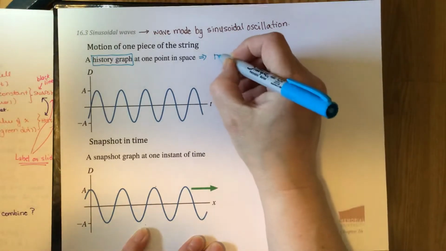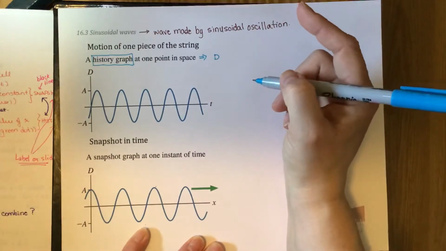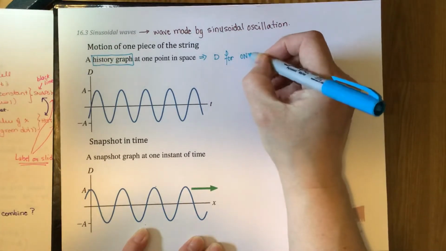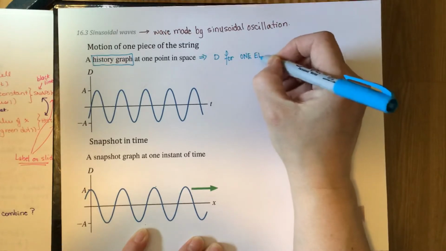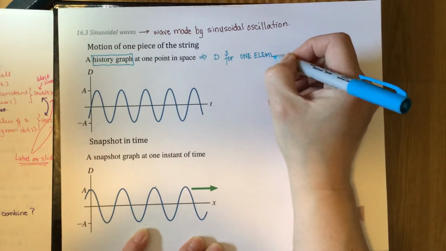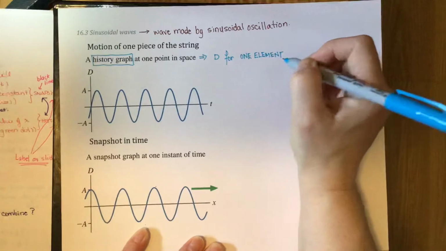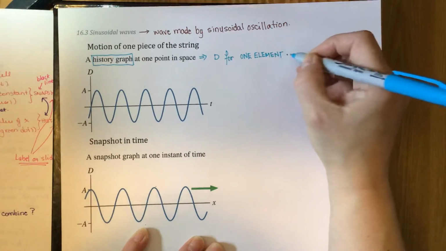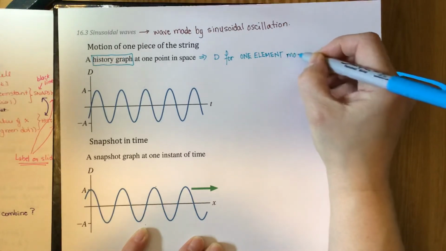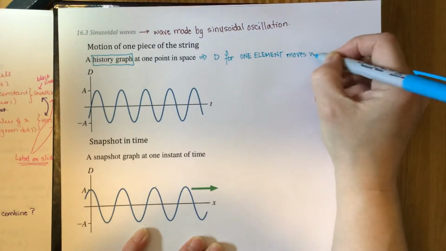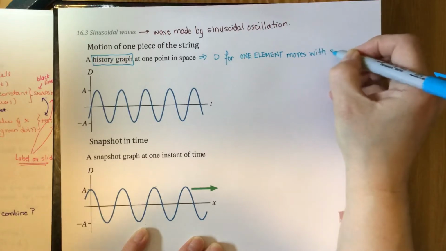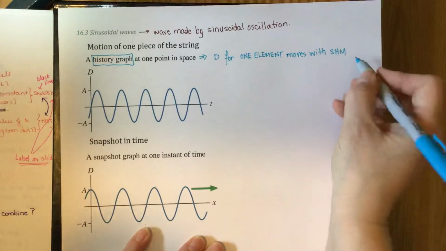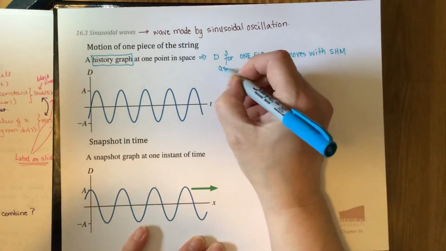So that tells us that the height for one element is described by simple harmonic motion. So that one bit of string moves with simple harmonic motion. So SHM for simple harmonic motion. And it does that as a function of time.